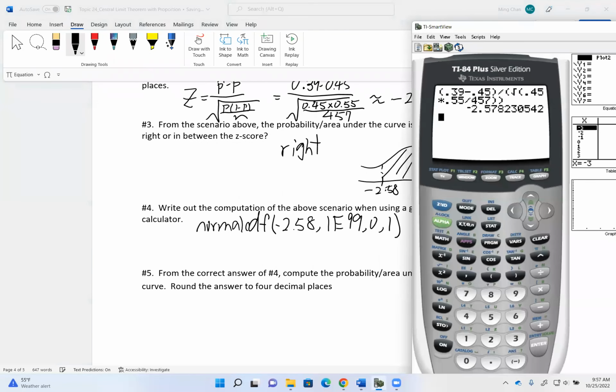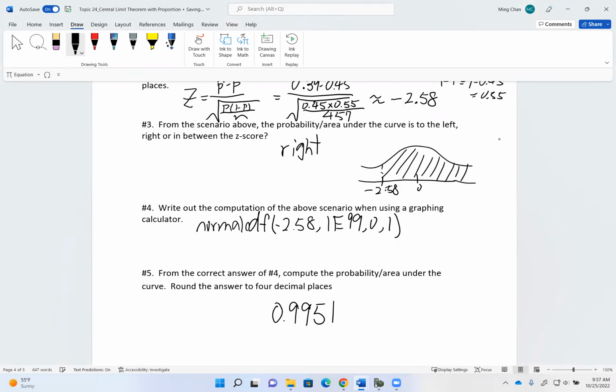If I put this in the calculator, let's see. 1E99, comma 0, comma 1. It's about 0.9951.